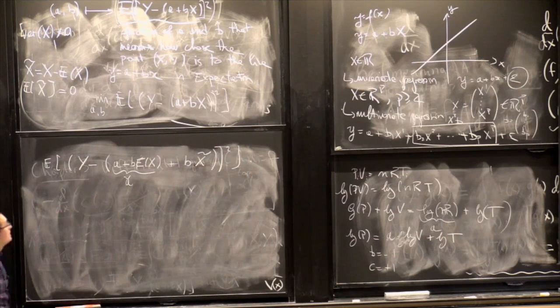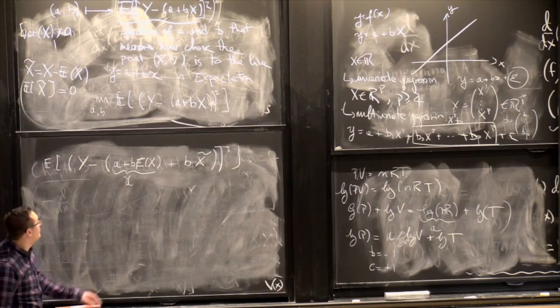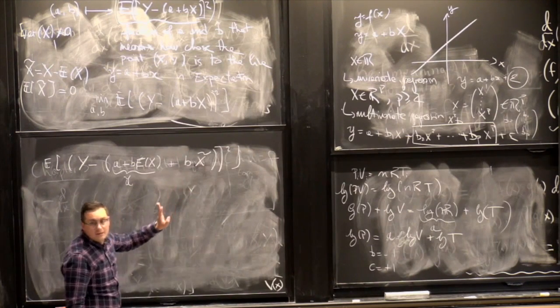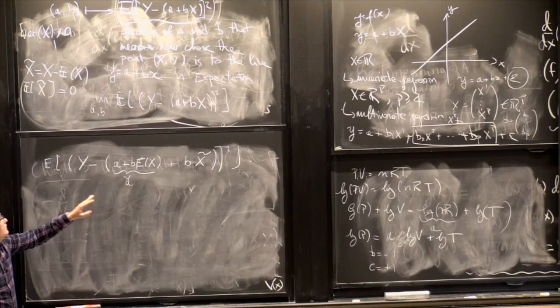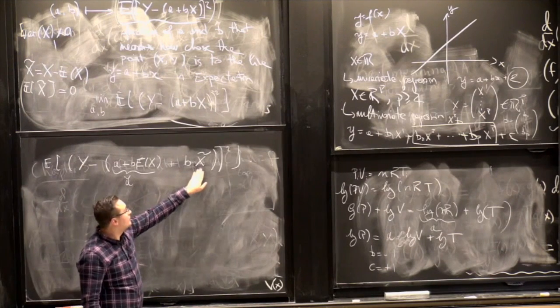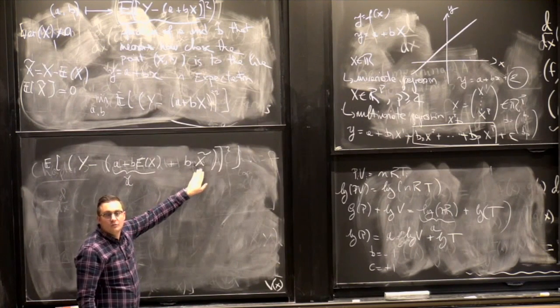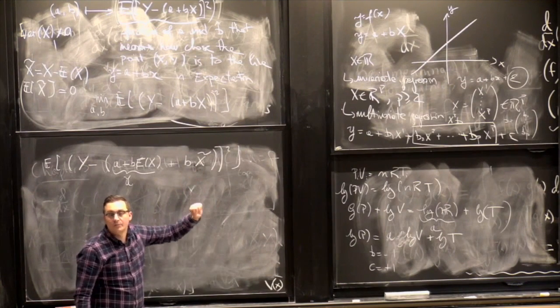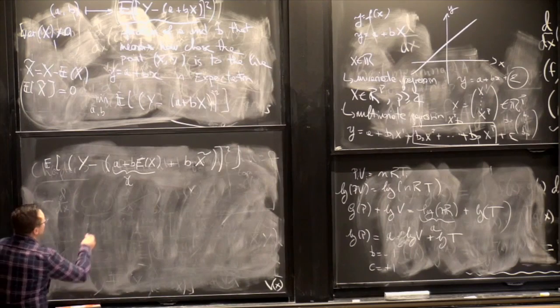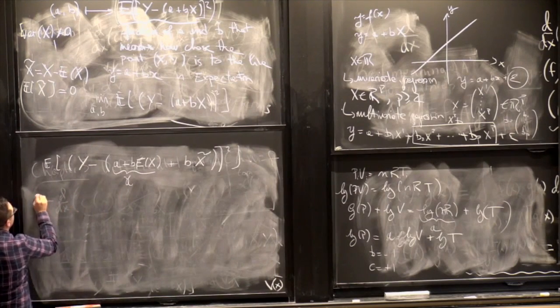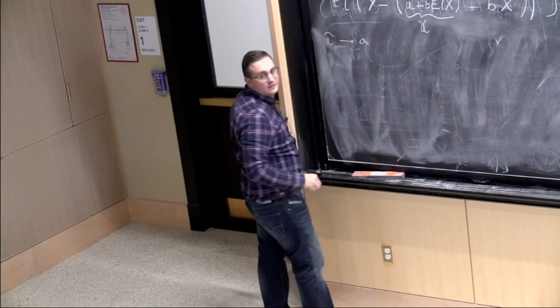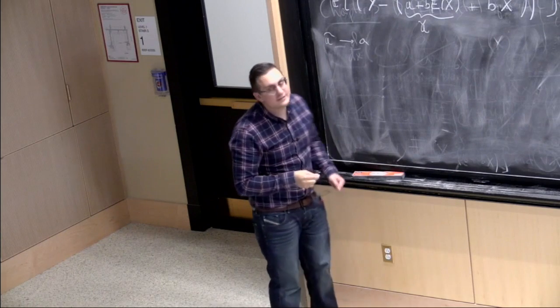Everybody agrees with this? So now I have two parameters, a tilde and b, and the role of x is played by x tilde, which is now a centered random variable. I'm going to call this a tilde, but for my computations, I'm going to call it a. So how do I find the minimum of this thing?